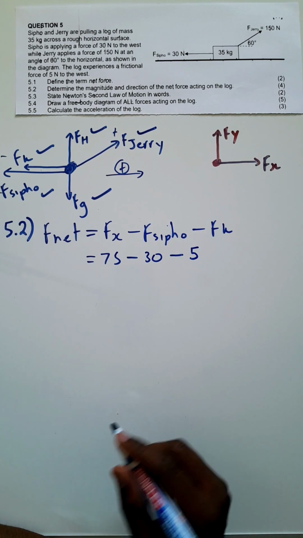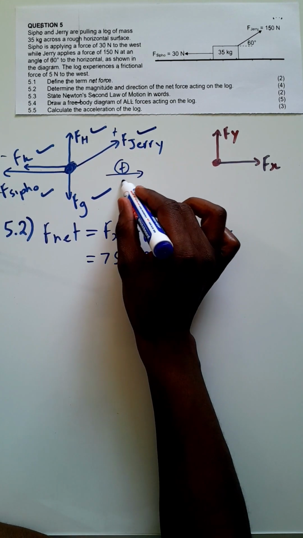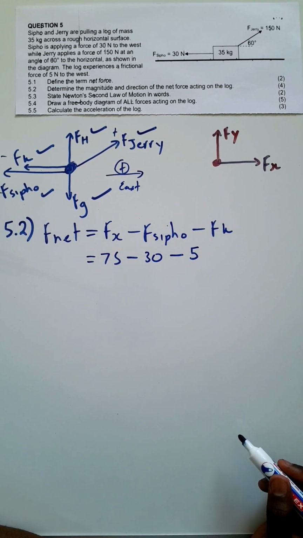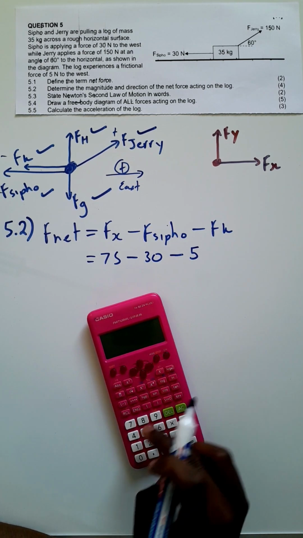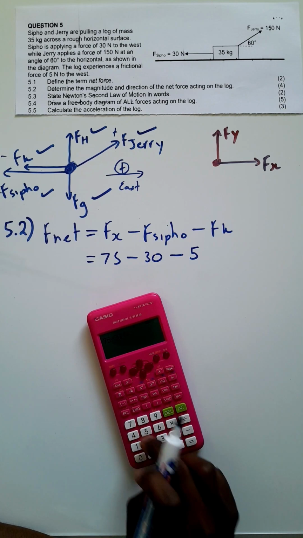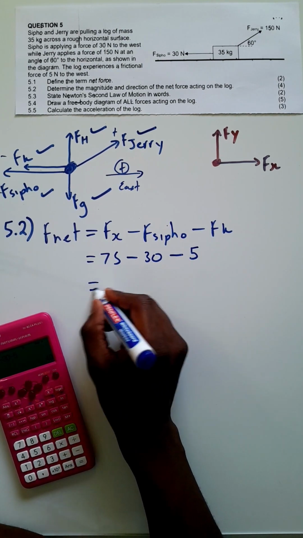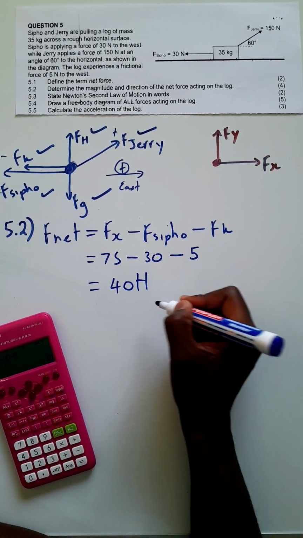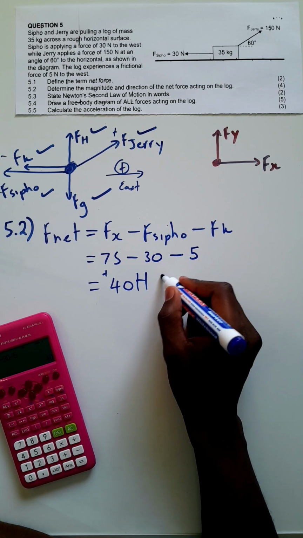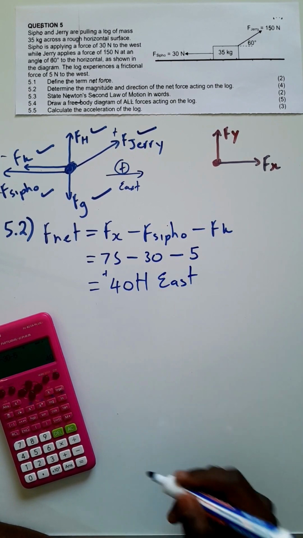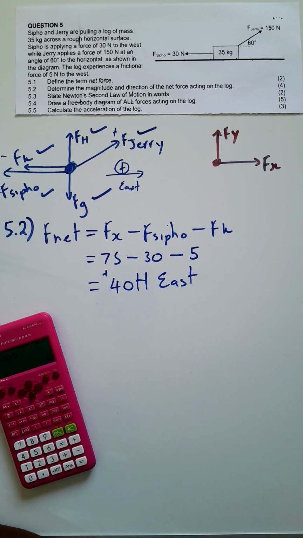So that's what we're going to get there. So actually it's going to be east because you are given direction in terms of east and west. So we choose east as positive there. This will give us 75 minus 30 minus 5 equal to, this is going to give us 40 newtons there. A positive answer means that we have a direction of east because we chose east as positive there.